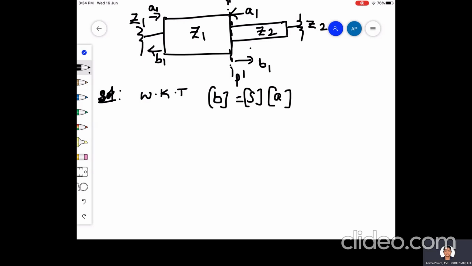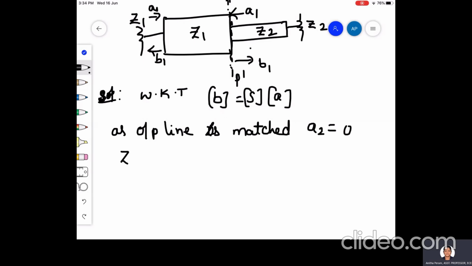They have specified the output line is perfectly matched, that means the Z2 line is perfectly matched. If it is matched, then you can say that there are no reflections, so A2 is 0.